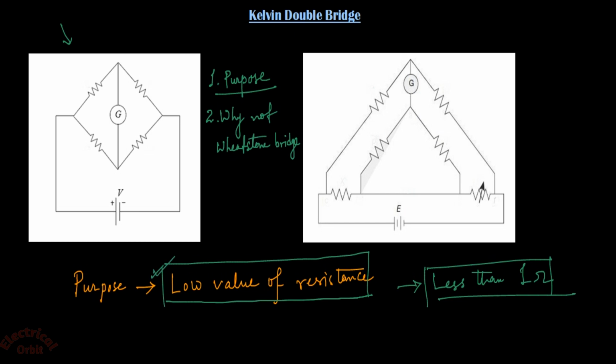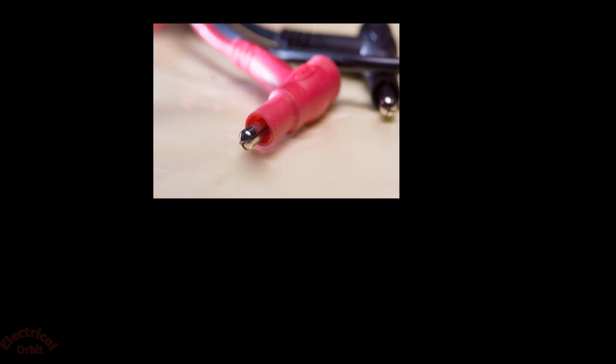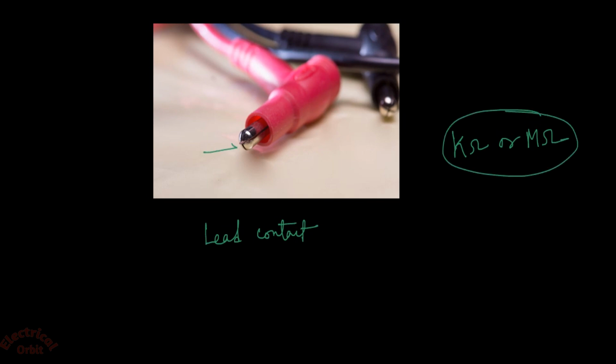The answer is, whenever we are measuring a very small value of resistance, we have to connect it through this type of lead contact. These are called lead contacts or connecting leads. If we are measuring high values of resistance, in kilo ohm or mega ohm, then these connecting leads don't have any impact on our readings.